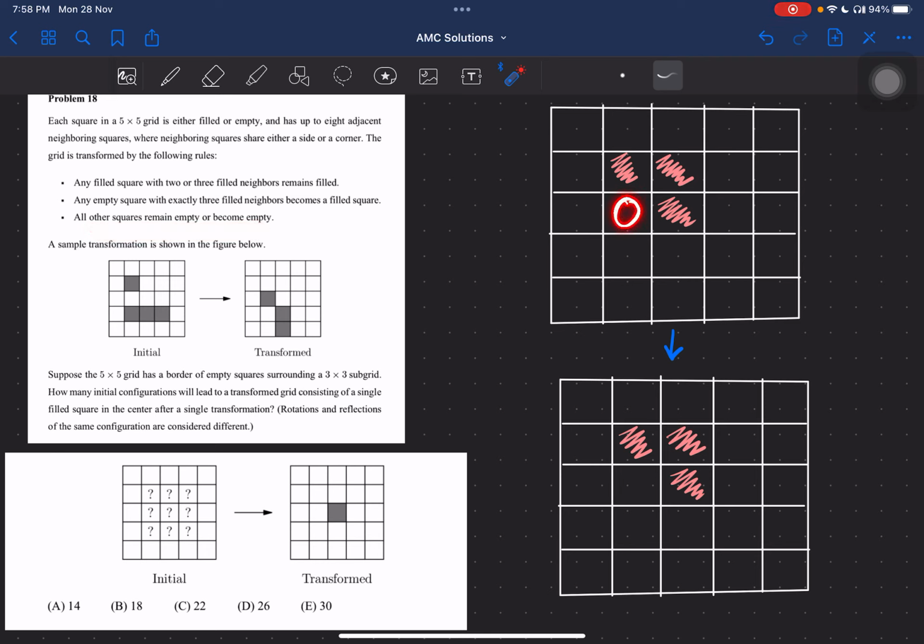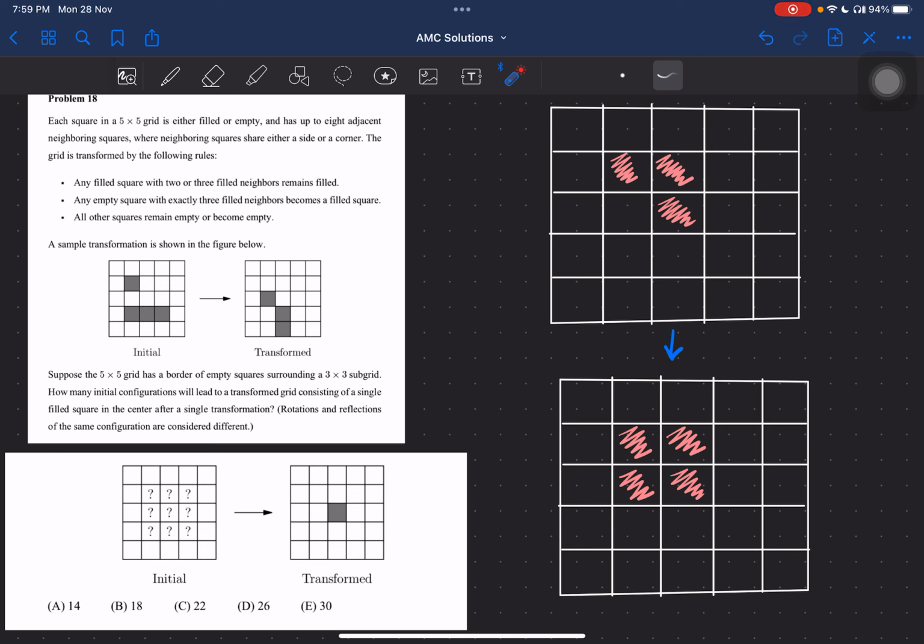But if you look at this one, these 3 are filled, so this will become filled in this transformation. For any other, here it is only 2, here it is 1, here only 2, here only 1, here only 1. So I think that is the transformation.